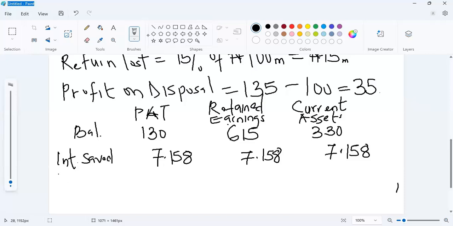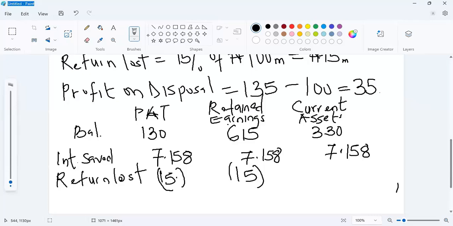Next, return loss. This is 15 million. This will reduce my profits, my retained earnings, and my cash.